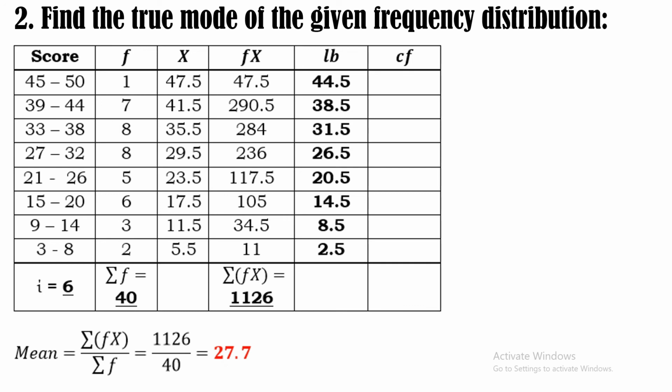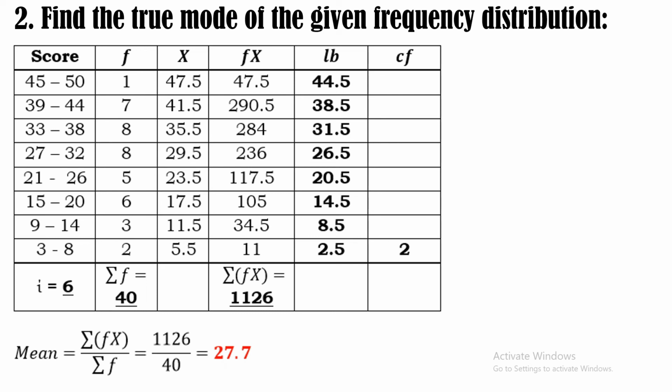Now let's have the cumulative frequency column. Let's start from the lowest class interval. We have 3 to 8. Again, it must be the same as the frequency of the given class interval. So that is 2. Add the next frequency to find the succeeding cumulative frequency values.